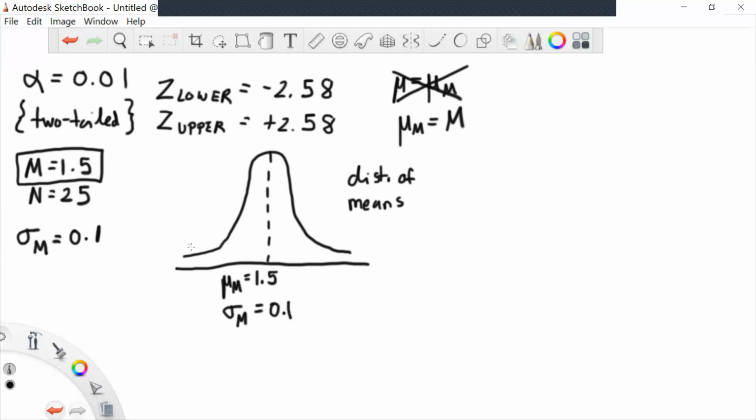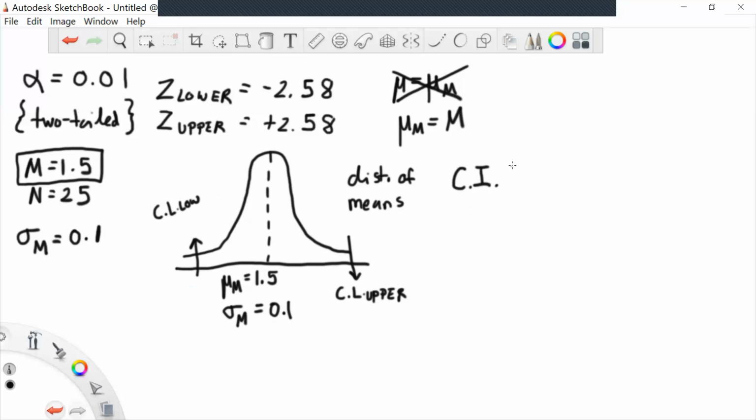So now the question is, what is our lower confidence limit and our upper confidence limit? Because remember, our confidence interval is always going to be expressed like this.